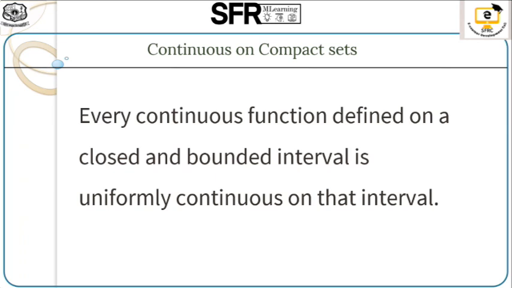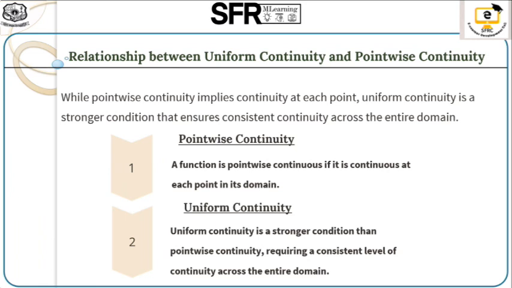So it is a very important criterion for a continuous function to become uniformly continuous. Next is the relation between uniform continuity and point-wise continuity, which I have already discussed earlier. A function is point-wise continuous if it is continuous at each point in its domain, whereas uniform continuity is a stronger condition than point-wise continuity, requiring a consistent level of continuity across the entire domain.